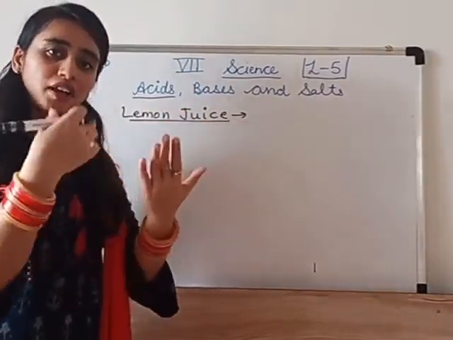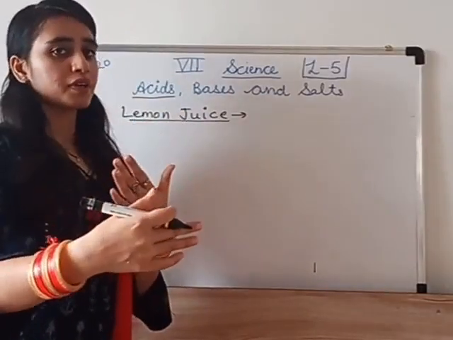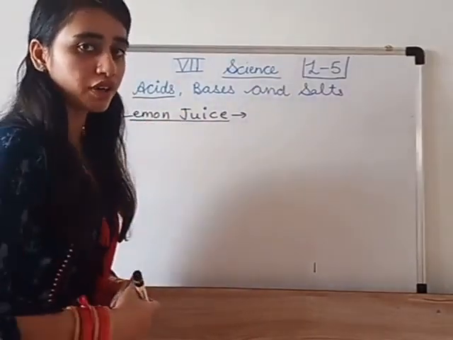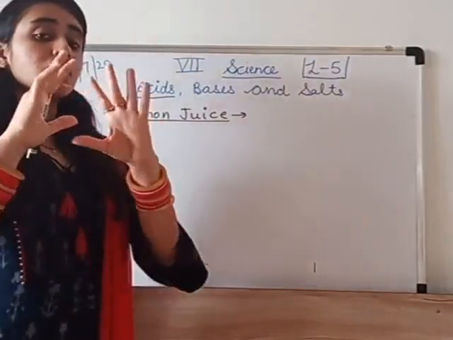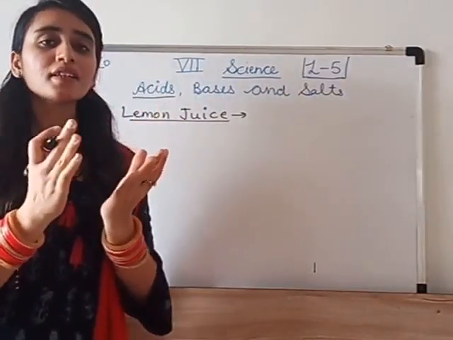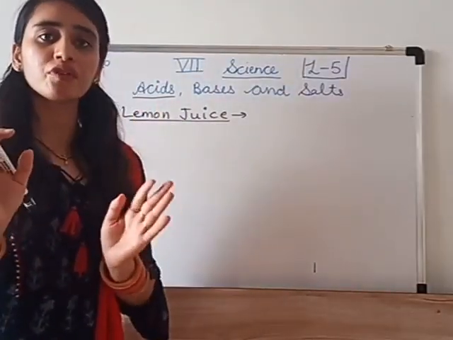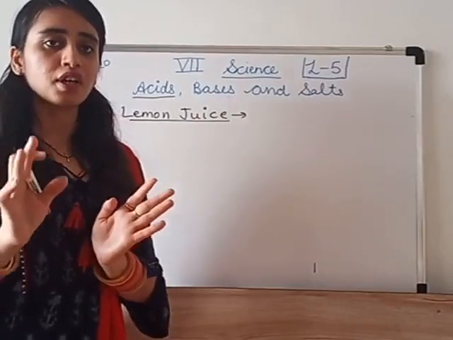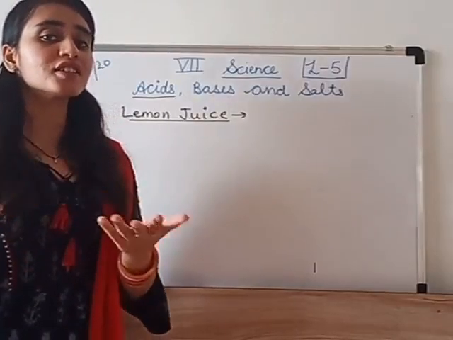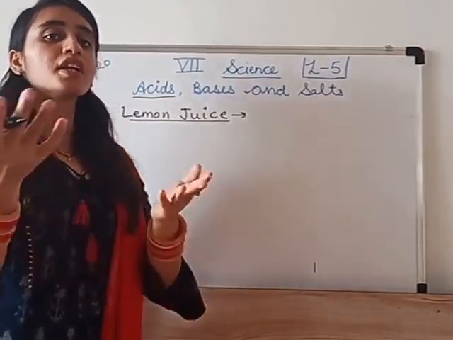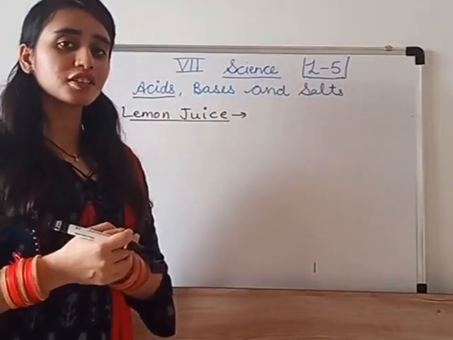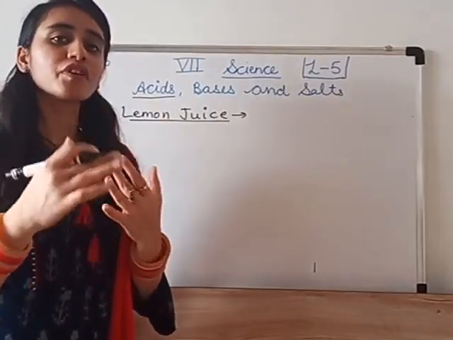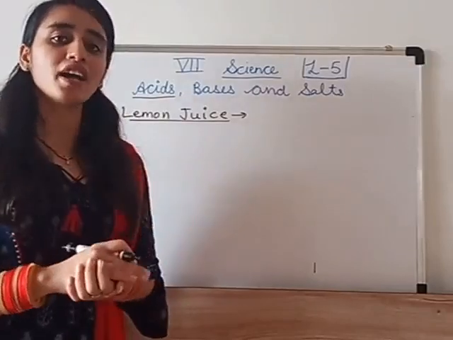After that we'll start our topic acid. Some common acids are present in every fruit and vegetable. So which type of acids are present in tomato, in lemon? First we discuss that.